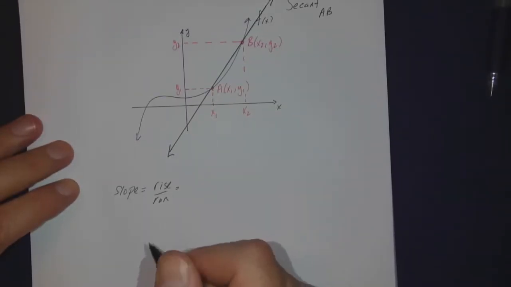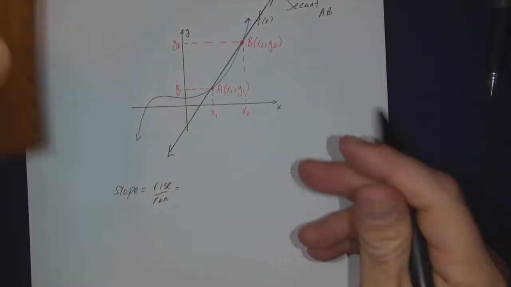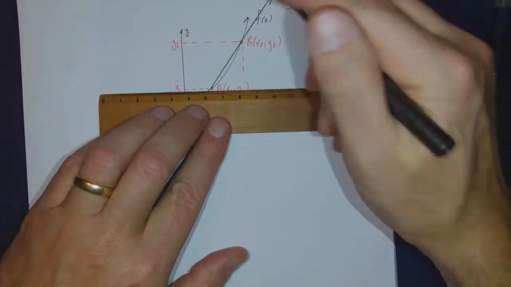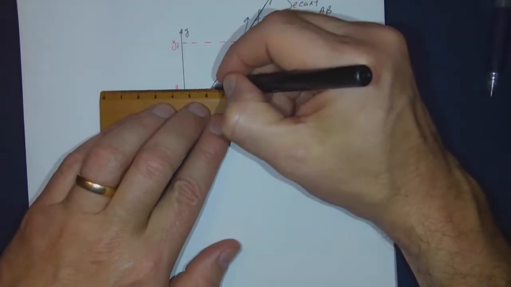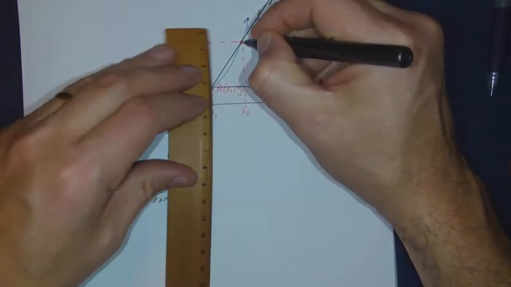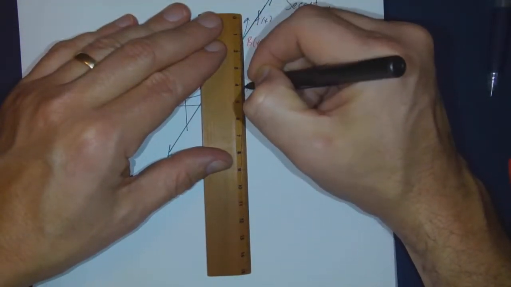Now, rise is going to be this distance over here. Unfortunately I have to go right through this for my run, and I'm going to go up through here for my rise.